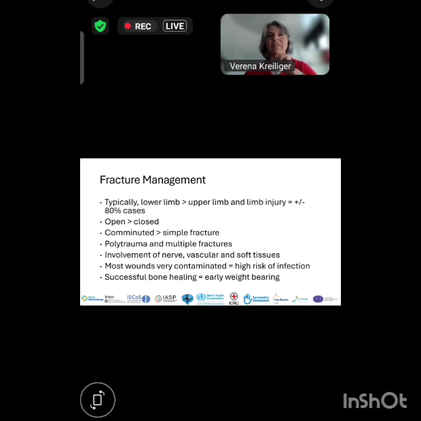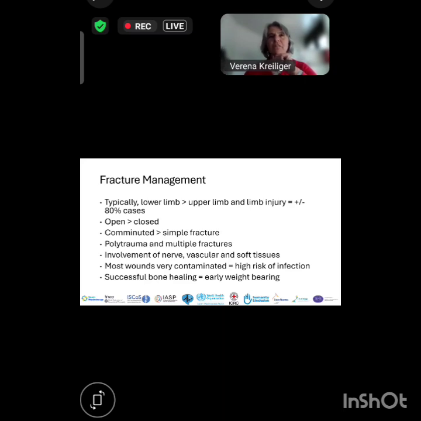Also, very frequent is involvement of nerves or vascular involvement as well, which can have a big impact on the long-term outcome, as well as soft tissue, as I just mentioned before.